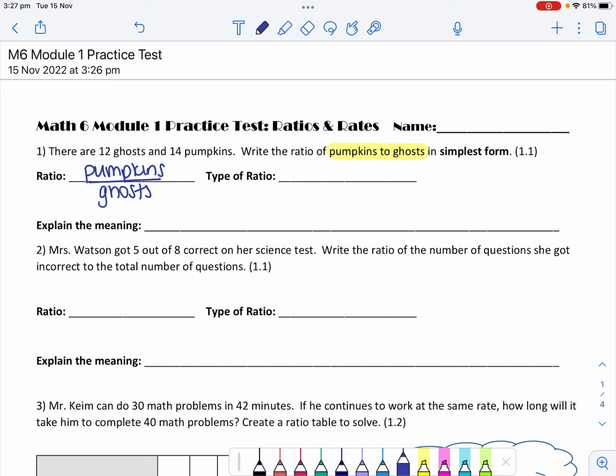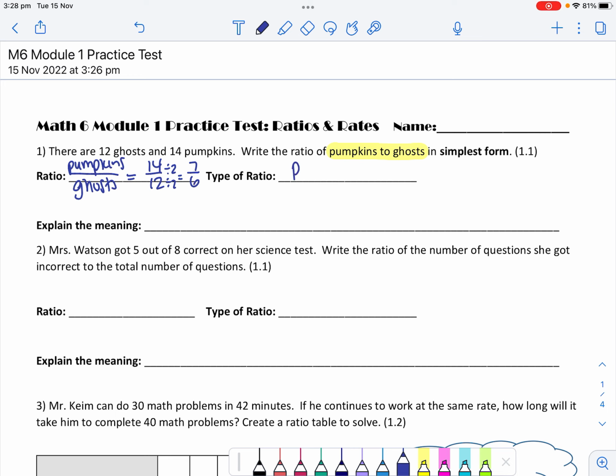So when I go to write my actual ratio, I'm going to write 14 pumpkins over 12 ghosts. And then 14 over 12 can be simplified. I'm going to divide by 2, and I get 7 over 6.